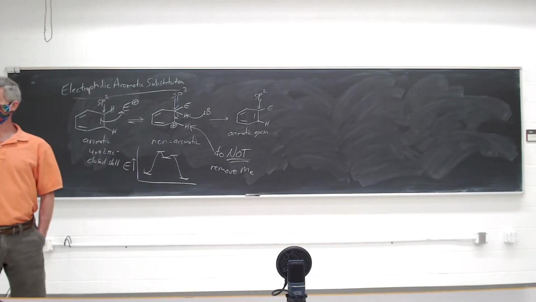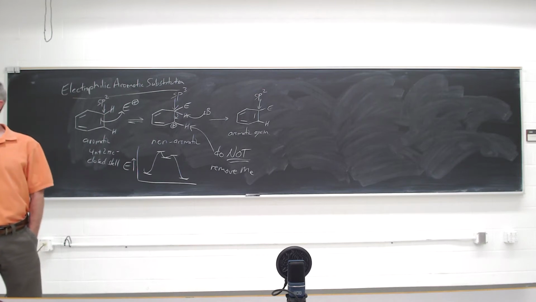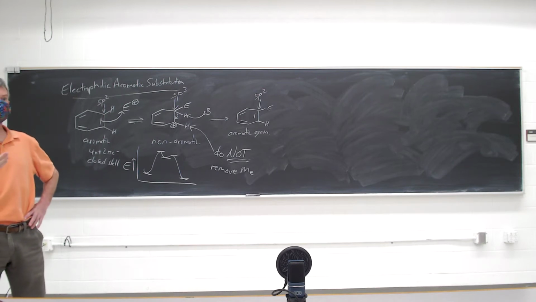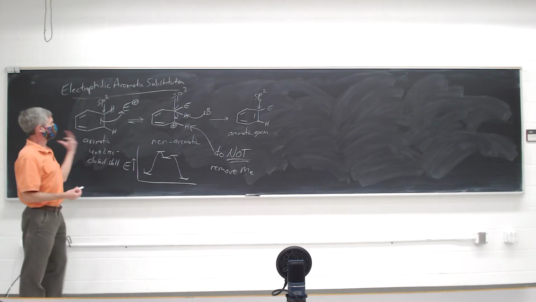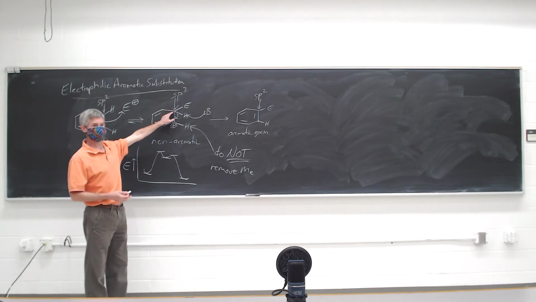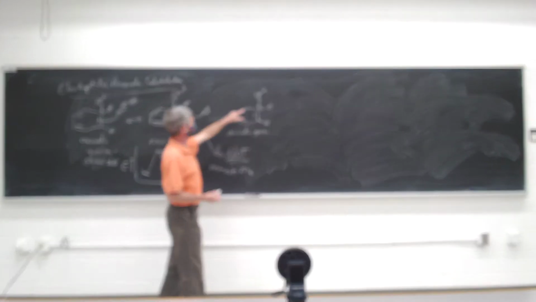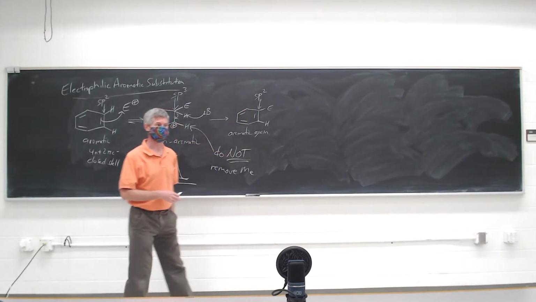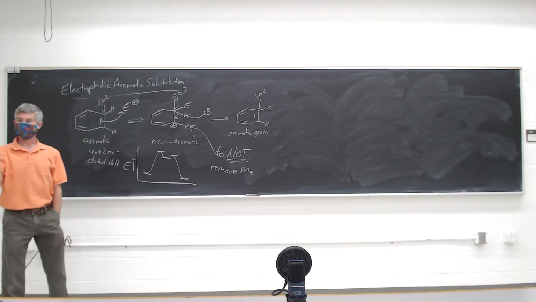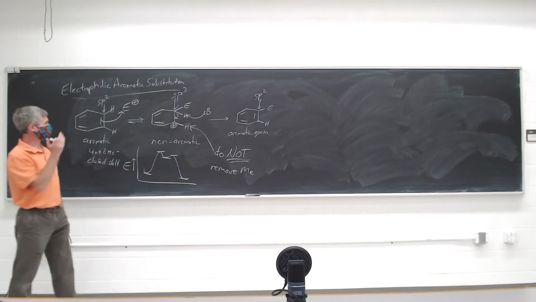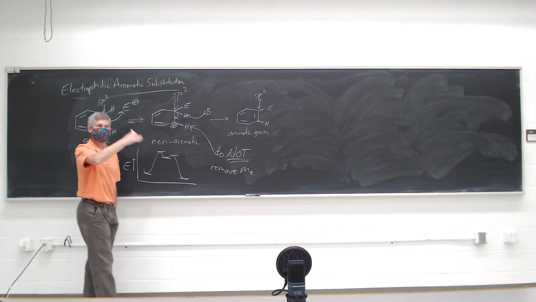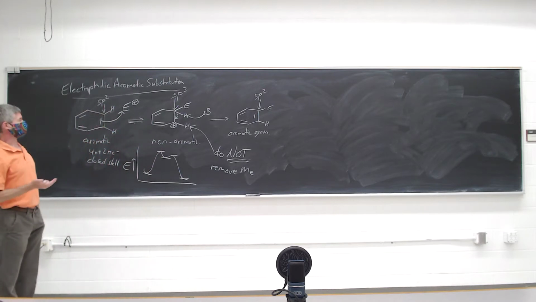So this is similar, kind of in overall effect, to nucleophilic acyl substitution, where we start out with an sp2 hybridized carbon, and then we form a bond to make the tetrahedral sp3, and then we take a hydrogen off to regenerate the sp2. But instead of the negatively charged thing being the thing that attacks and then leaves, it's the positively charged thing that gets attacked and then loses the proton.